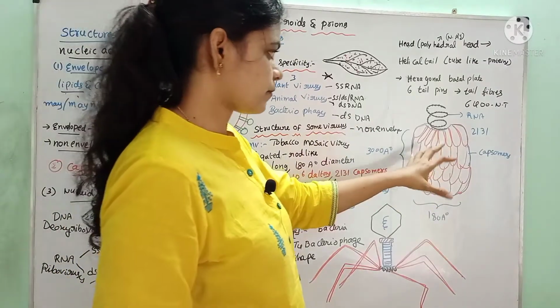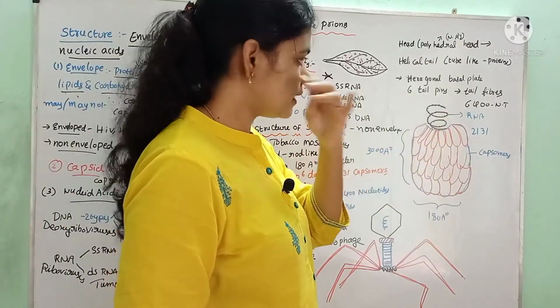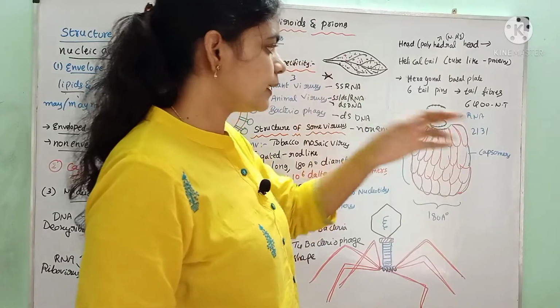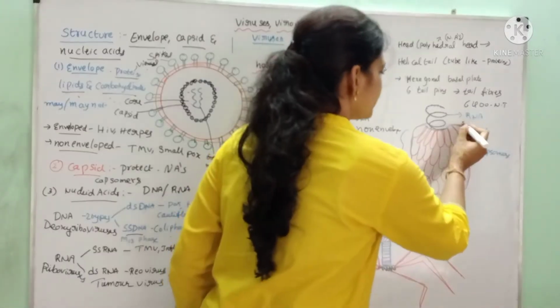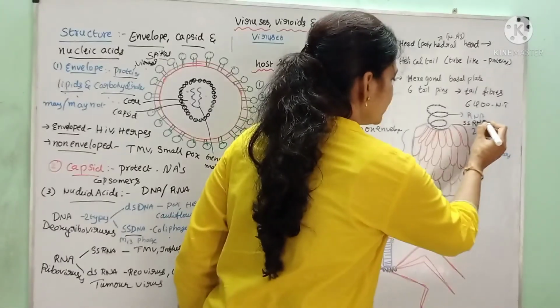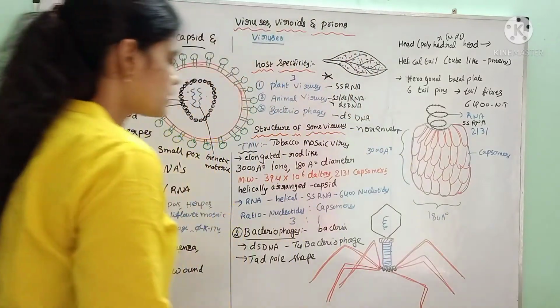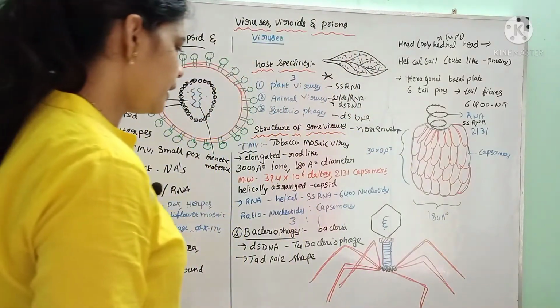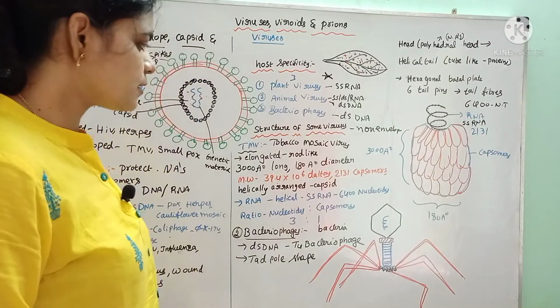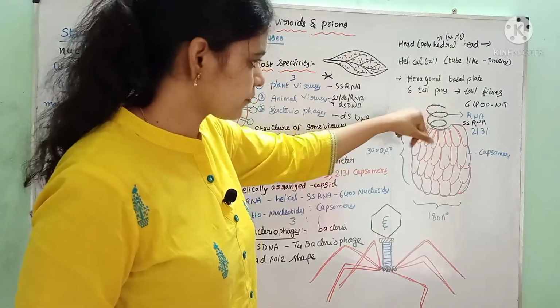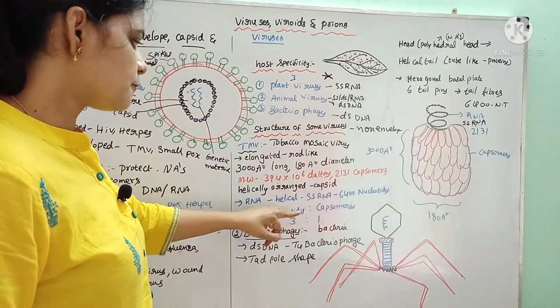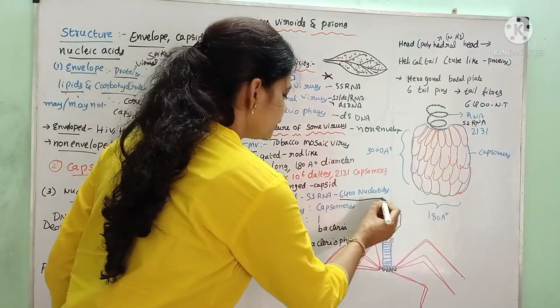Inside this capsid, the genetic material is present, right? What is the genetic material? It is single-stranded RNA. What is the genetic material of tobacco mosaic virus? It is single-stranded RNA, and this RNA is also helically arranged. It consists of 6400 nucleotides.